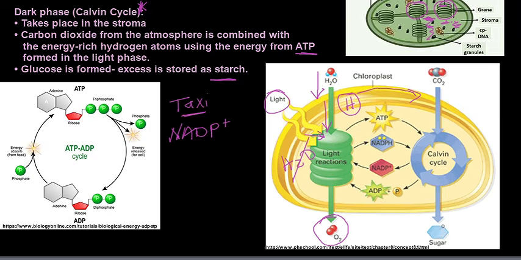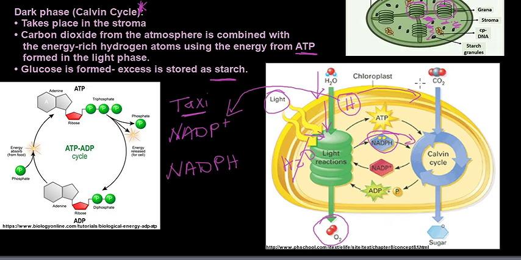It is the carrier that will assist us to get these energy-rich hydrogen atoms across. The hydrogen atoms bind to this enzyme, and now it is NADPH, and that is happening over here. It's going to take the hydrogen across to the Calvin cycle that occurs in the stroma.